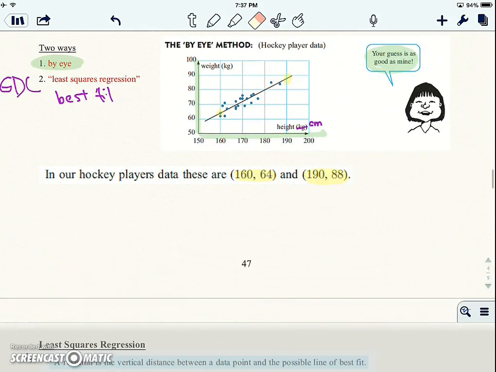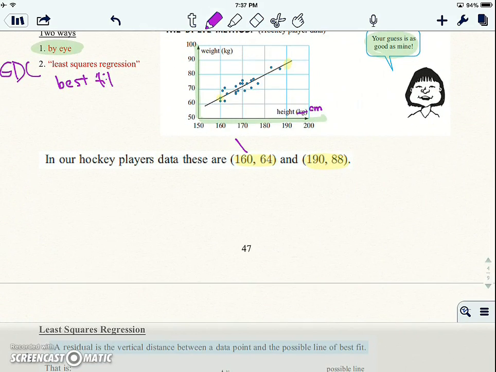So if we remember, we have x, y, and to find the slope it is y minus y over x minus x. Your teacher may have taught you y2 minus y1 over x2 minus x1. Doesn't matter which order as long as these two are on top of each other this way.